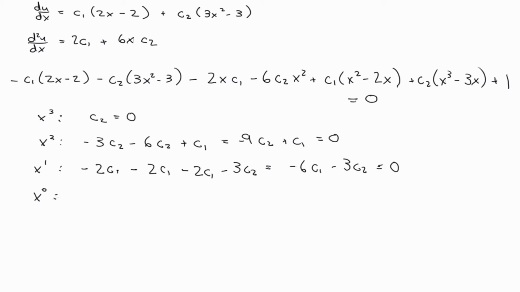And the constant term, or x to the 0 power, 2 c1 plus 3 c2 plus 1 equal to 0. All right, so then the question is, can you choose a C1 and C2 that satisfy those equations? No, it doesn't work, right? And why should it? We just sort of arbitrarily chose those approximation spaces, right? So why should it?